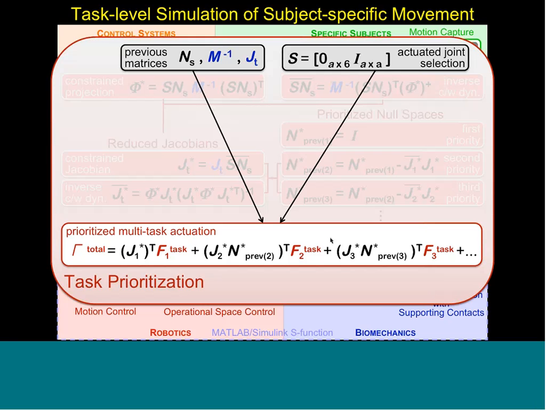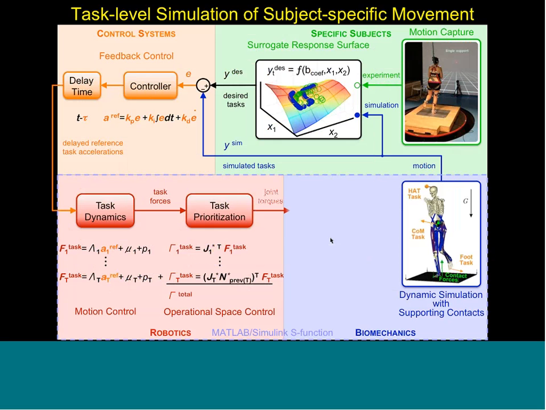That way they don't result in extra acceleration on those tasks. So coming out of the robotics module, from those 3 tasks that we inputted here, we get 21 torques, or generalized forces, in our case joint torques, as output.